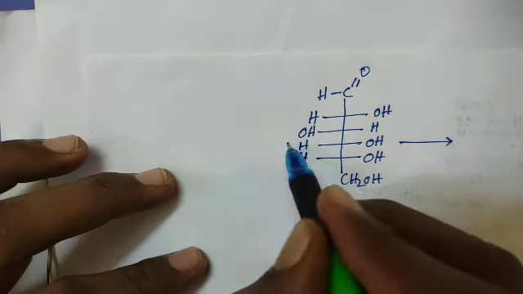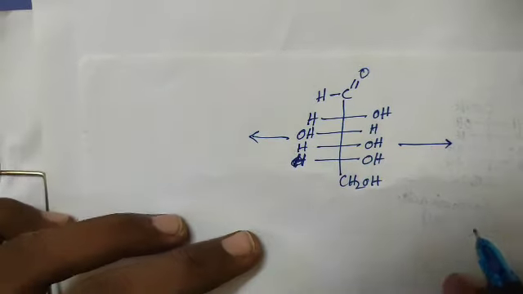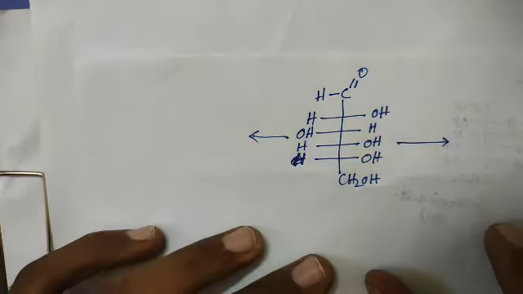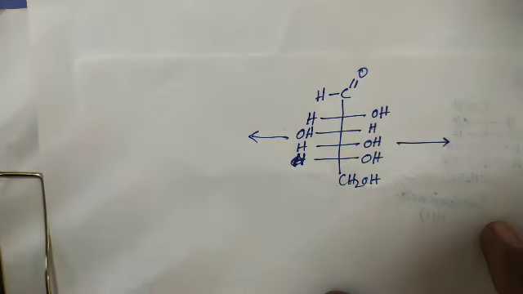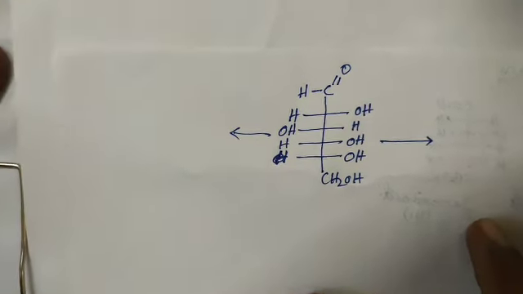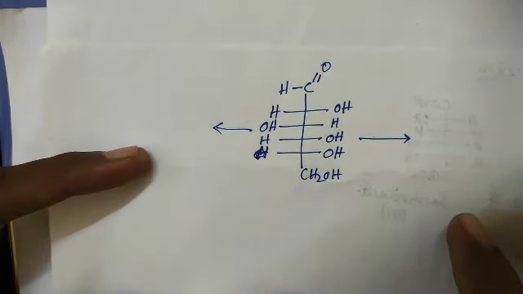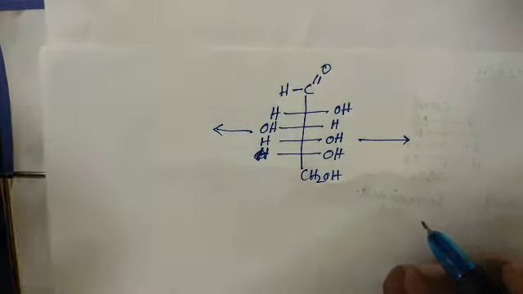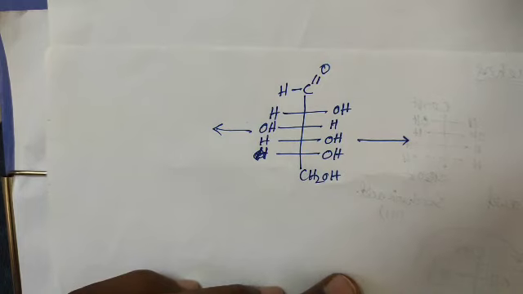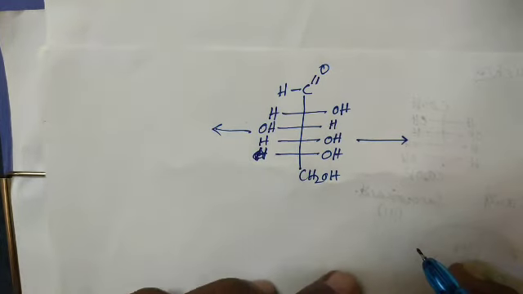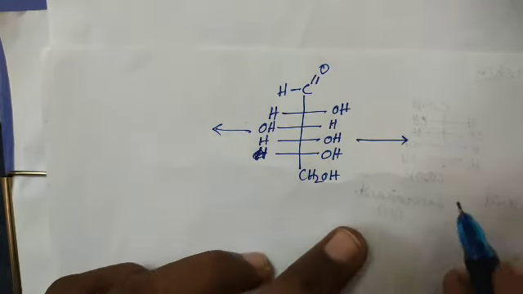From this structure we will get two different structures, that is the cyclic structure of glucose. There are some drawbacks to the normal glucose, which didn't give those tests, but cyclic glucose gives positive tests. Now I will explain what alpha D glucose and beta D glucose are.